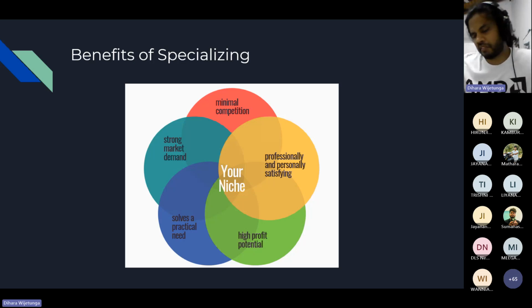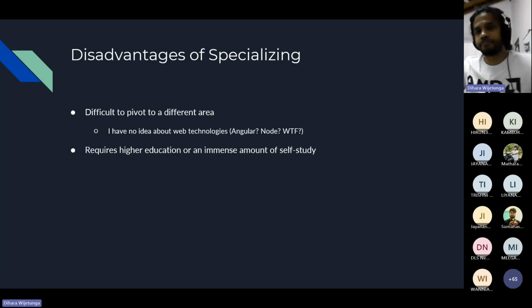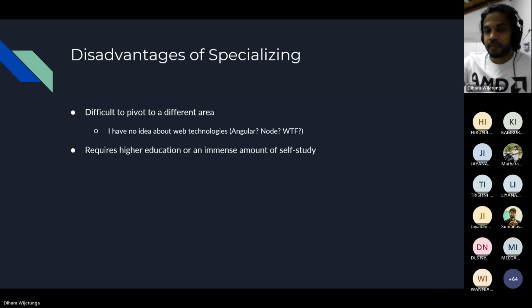However, there are a couple of disadvantages. If you are looking to switch to a different area of the software world, which has nothing in common, you will have to start from the beginning, because you would have spent so many years trying to hone this one particular skill that you will have ignored every other part of the industry.